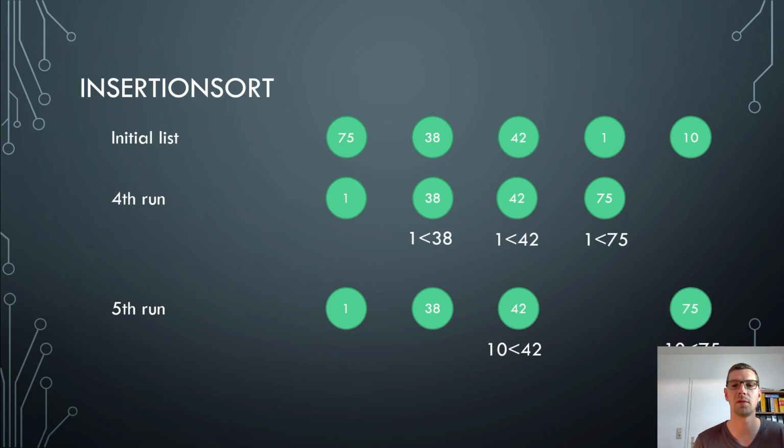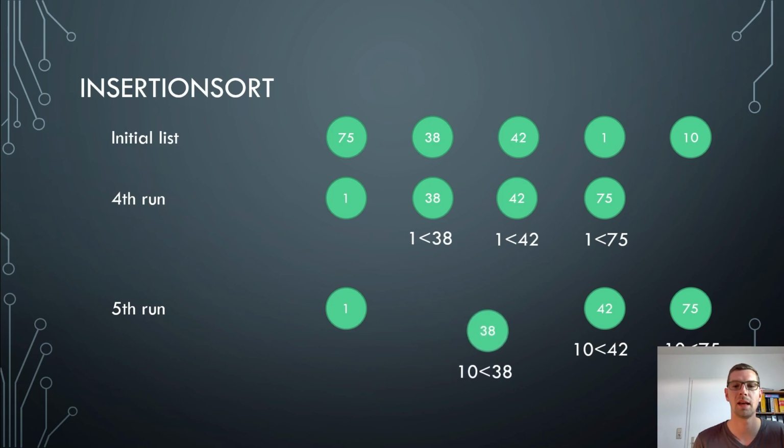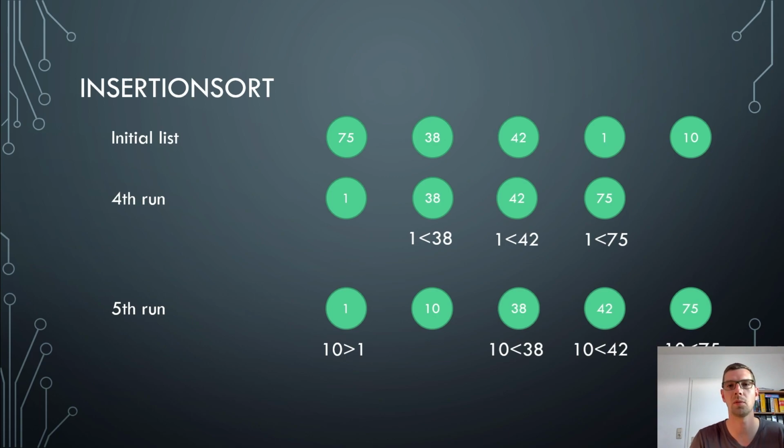The same with the 42, the 10 is smaller, so one further to the right. The 38 the same. And then we compare the 10 to the 1 and we figure the 1 is smaller, so we found our position where we can insert our 10, and that is between the 1 and the 38, and we end up with a sorted array.